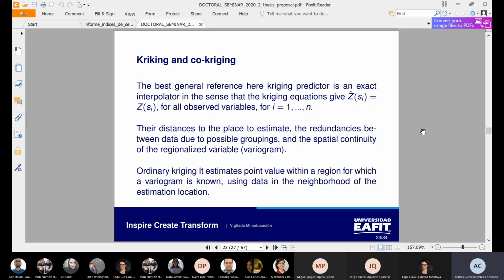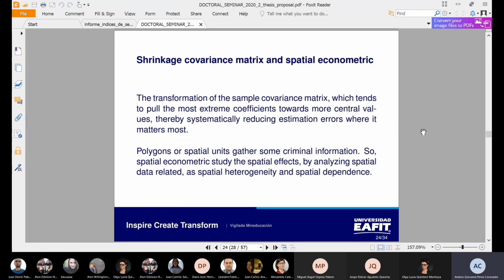And this information is put together. What is really interesting in Kriging and co-Kriging is that we can use socio-demographic variables and other kinds of variables, not just criminal variables. For that, we want to use shrinkage of the covariance matrix and spatial econometrics. By transforming the sample covariance matrix, we tend to better estimate the covariance matrix and give this structure of correlation between variables of different types.